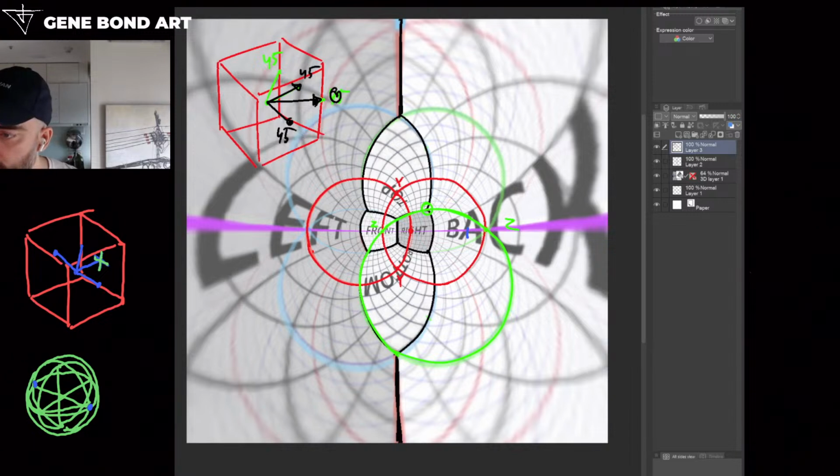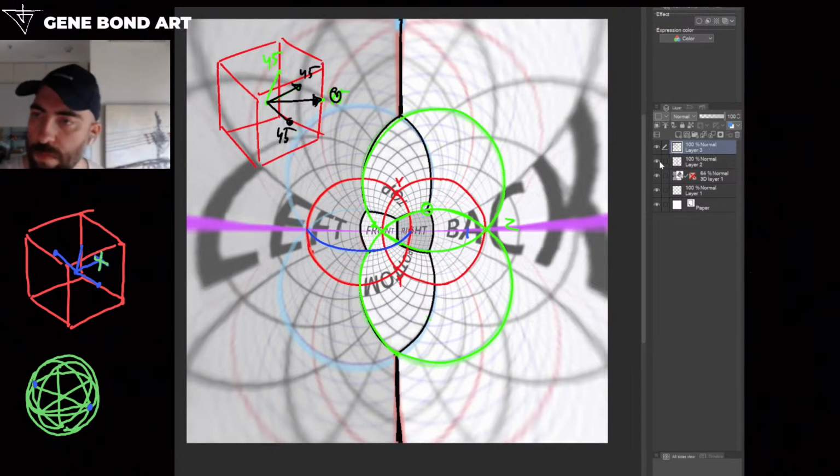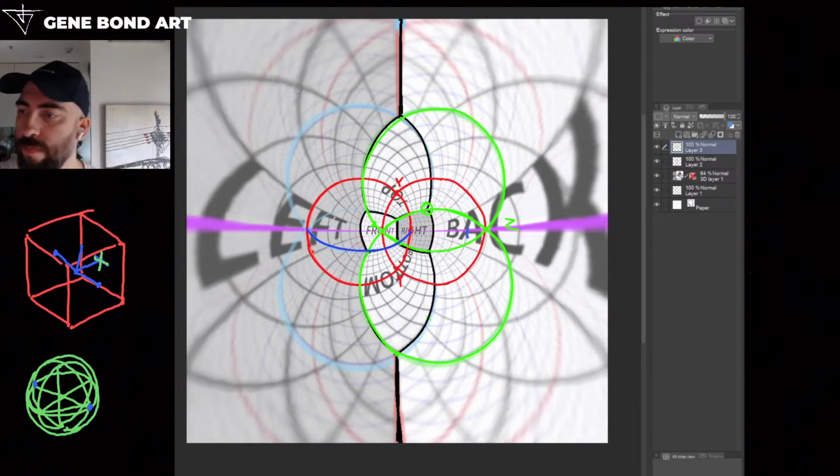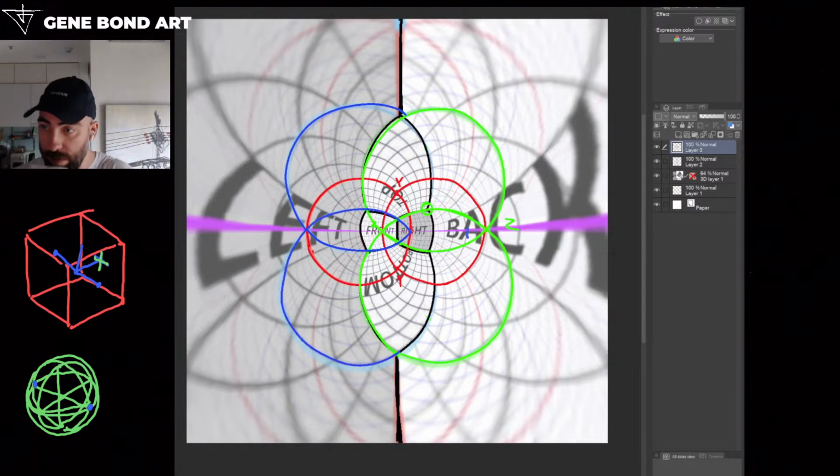Then we have a second circle for Z. And then we have X. X circle, then second circle.